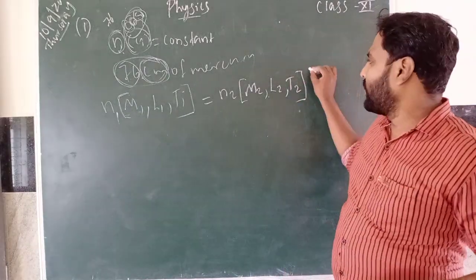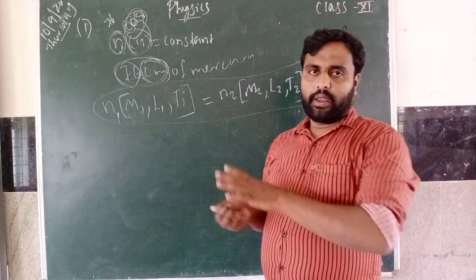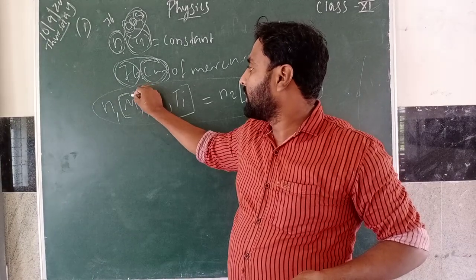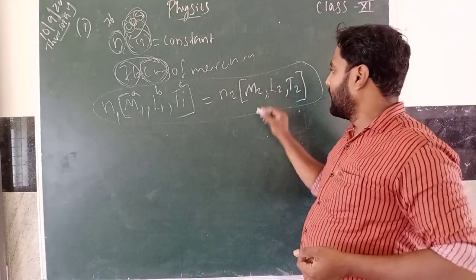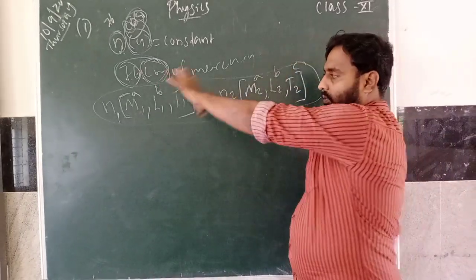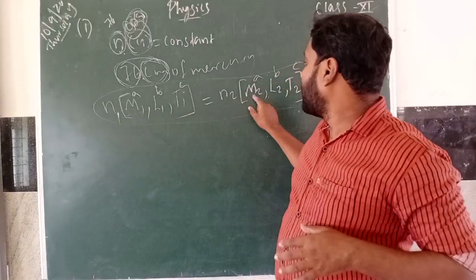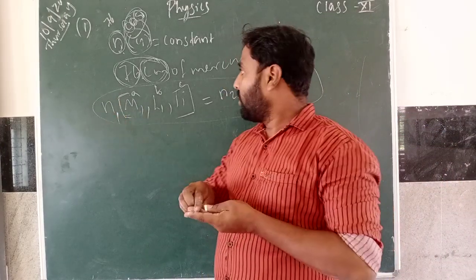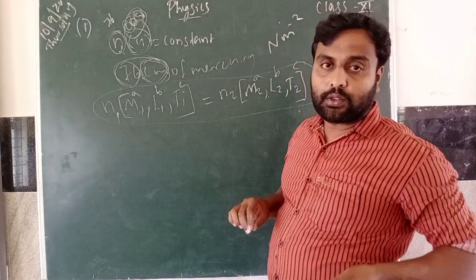This is a small formula you remember. Here I am considering a physical quantity that has a dimension of mass a, length b, and time c. That is just an example, a, b, c, and this formula you remember: n1 into M1 L1 T1 equal to n2 into M2 L2 T2. I told you 76 centimeter of mercury, you want to convert it into Newton meter minus 2.